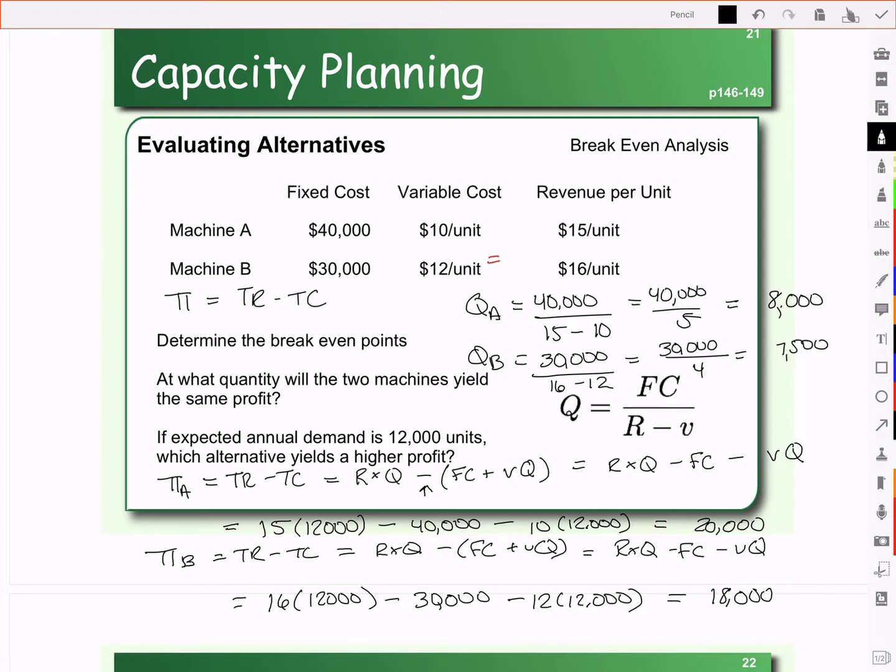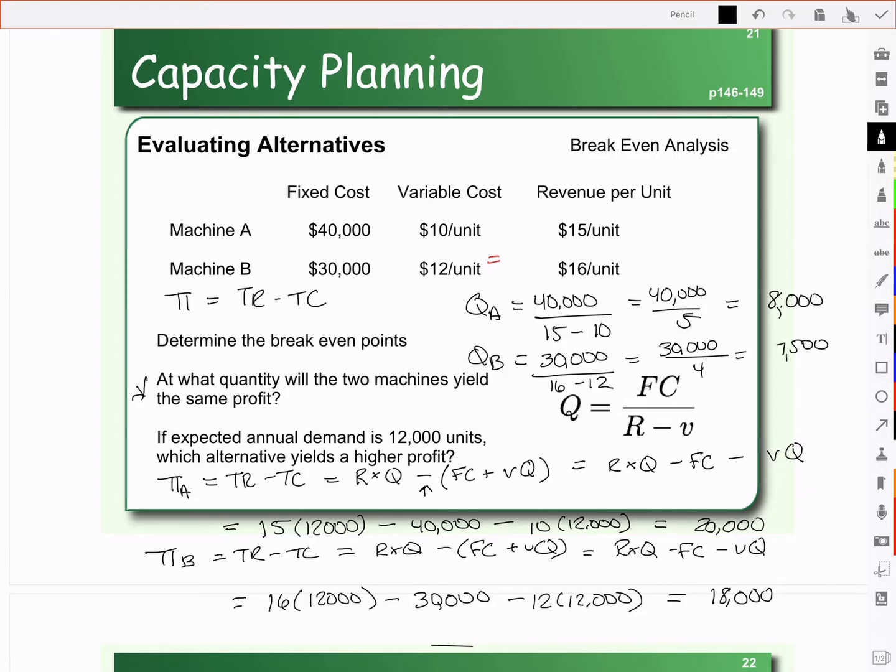We said that if the forecast demand was between 7,500 and 8,000, we'd rather go with machine B. So we can actually look at different ranges of forecast demand, which machine is better. And we're going to do that just momentarily in Excel. But first, let's look at this question here about what quantity will give us these two machines giving us the same level of profit.